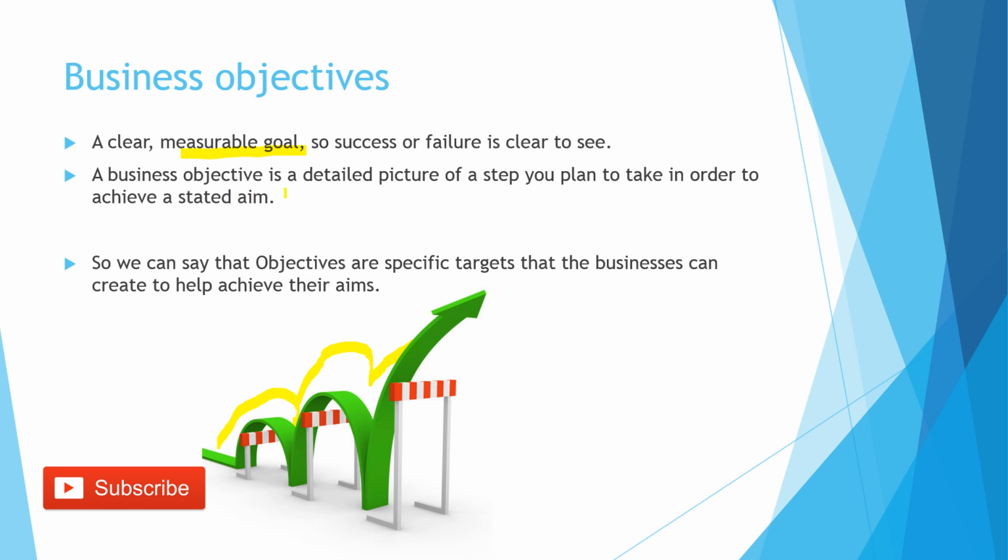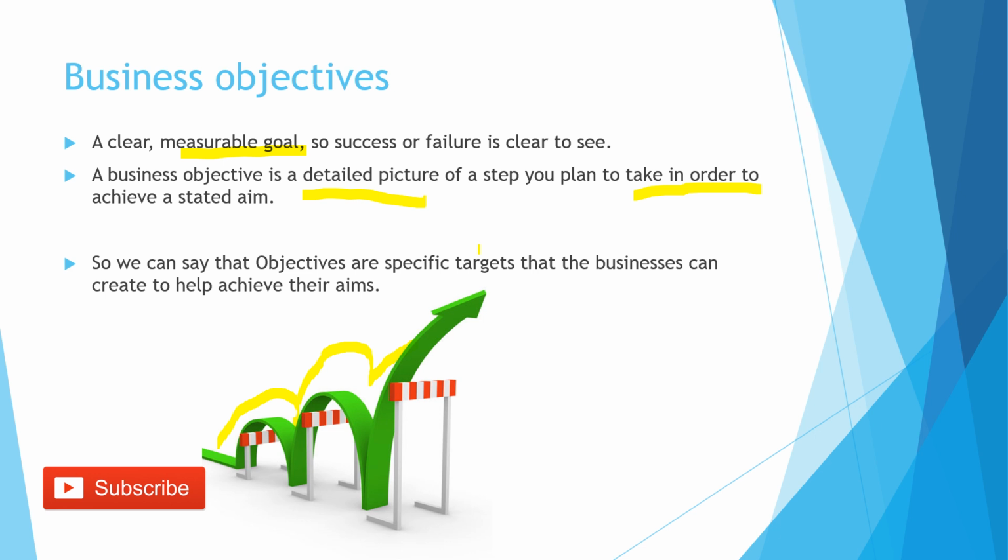A business objective is a detailed picture of a step you plan to take in order to achieve a stated aim. So like I said, it's basically little steps for you to take to achieve the aim, as a business or as a person. So if you aim to get the highest possible grade, what objectives are you going to put in place to achieve that?